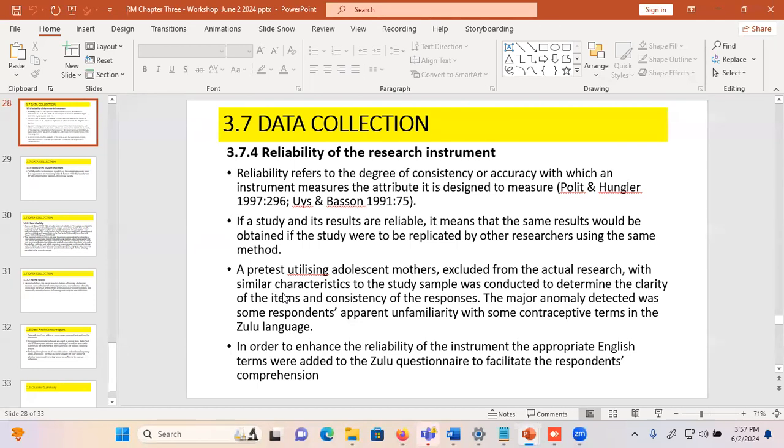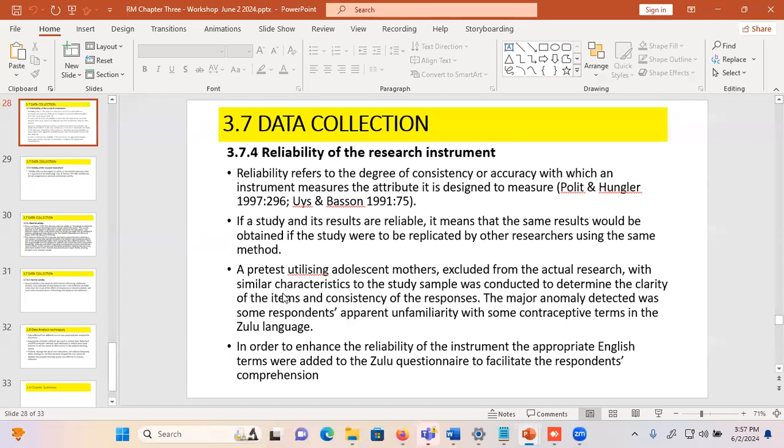Once we collect the data, we insert it into the particular software. There you can check the Cronbach alpha. Through that you can see the reliability. The reliability is what? The reliability refers to the degree of consistency and accuracy with which an instrument measures the attributes it is designed to measure. You can assume that.